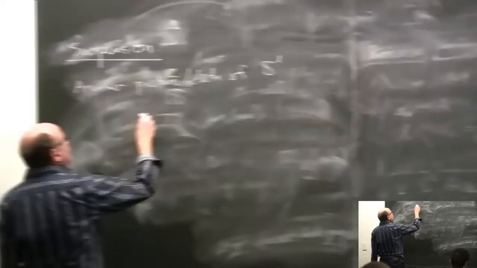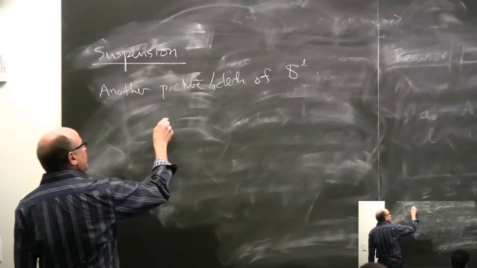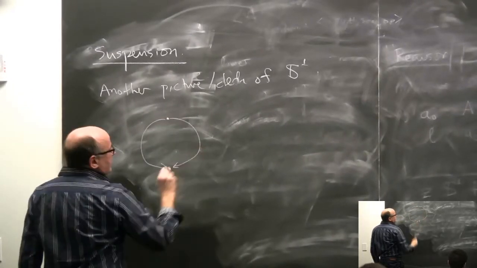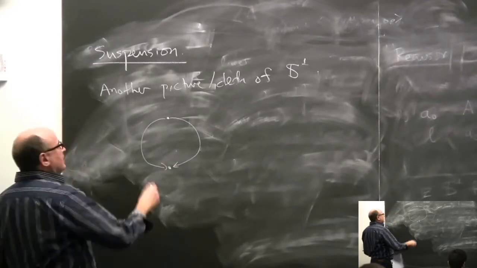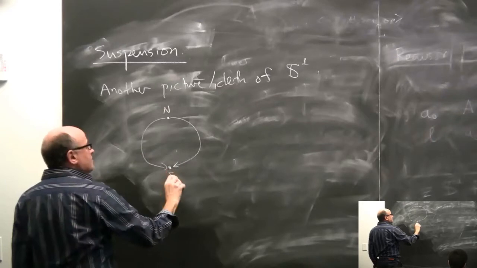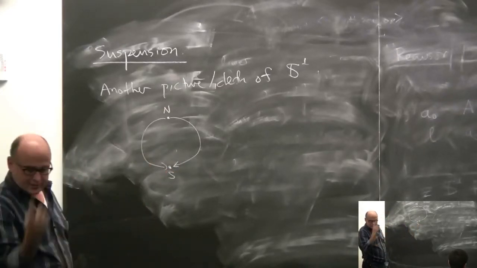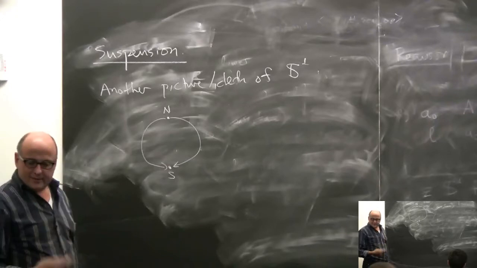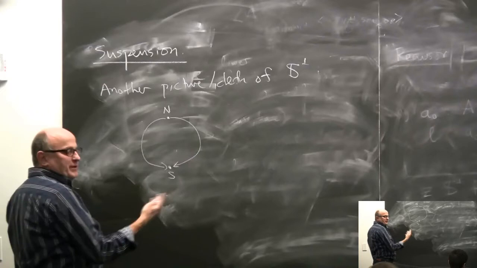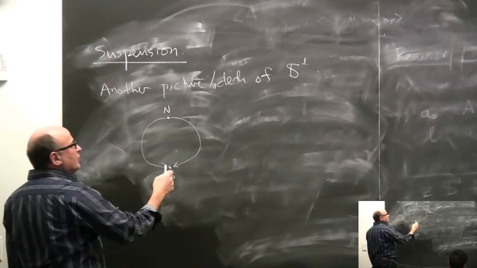You might have said, well, we'll have a point here, a point here, and then I'll try to draw them nice and curvy, so we'll have two paths here, and we'll call those N and S. Let's call them north and south, because you can see where I'm headed: S2 is going to look more like a sphere in 3-space, and so there'll be a north pole and a south pole. That's the whole idea.